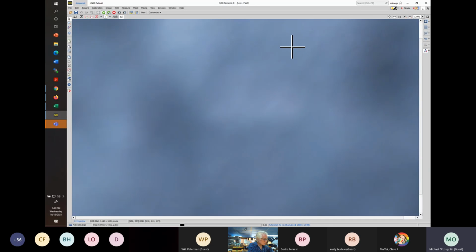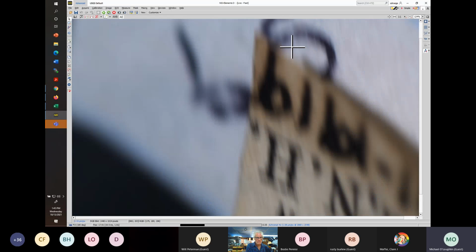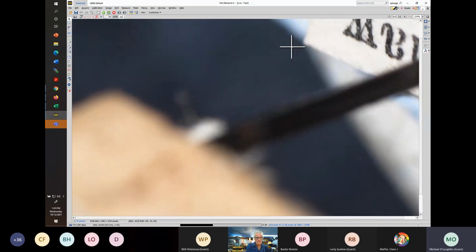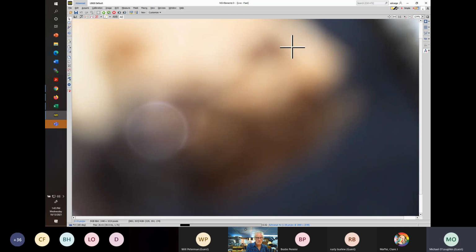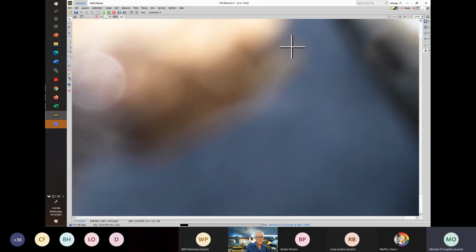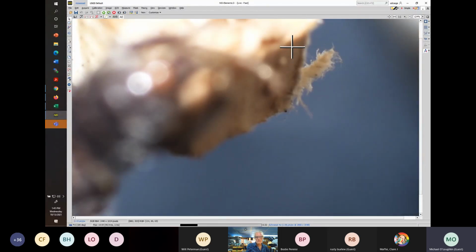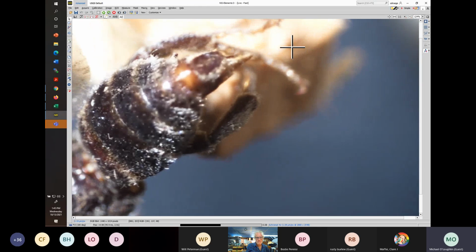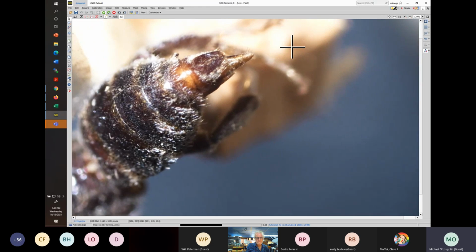Let me see if this next specimen here, I believe it is a female. Epeoloides. Wow, that is a crazy rear end.